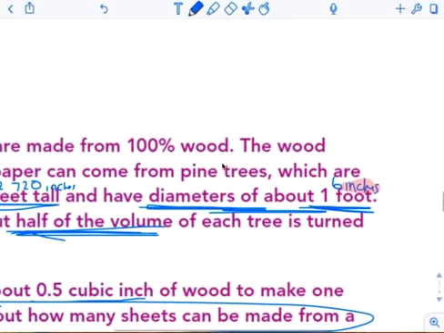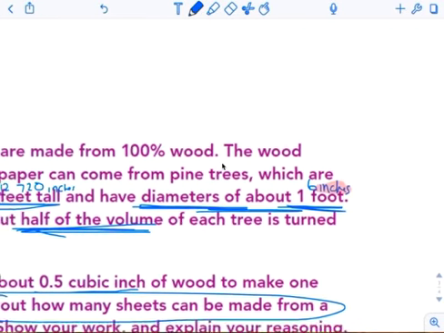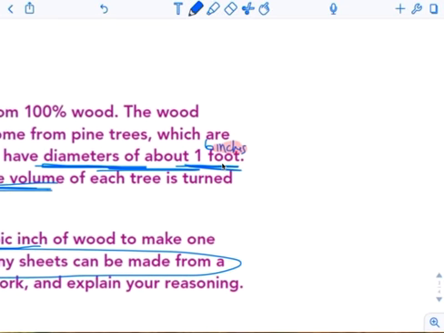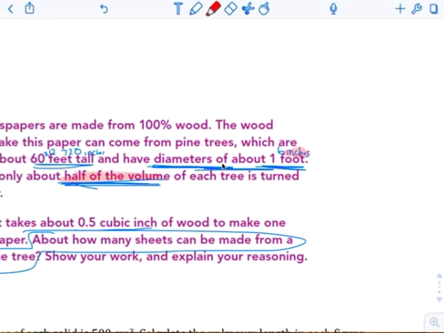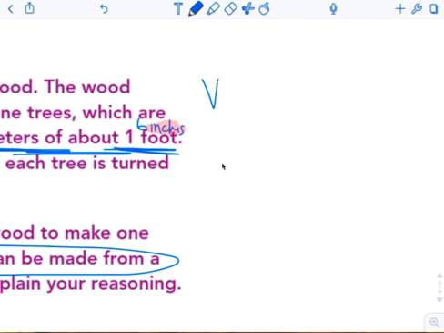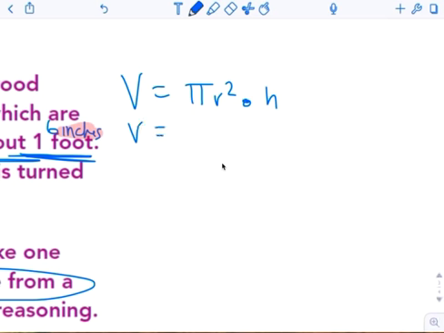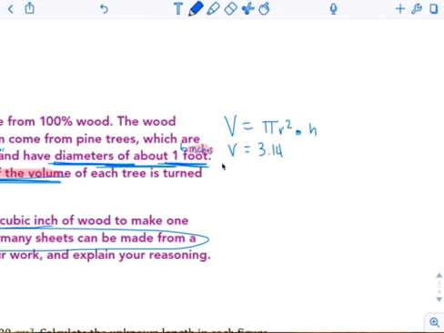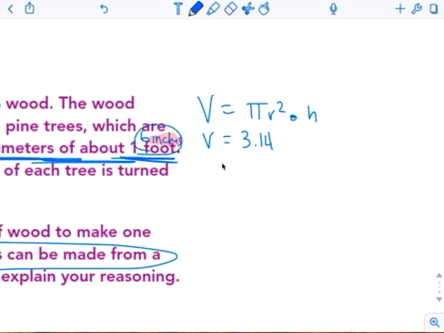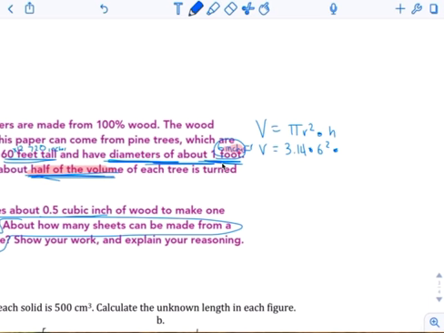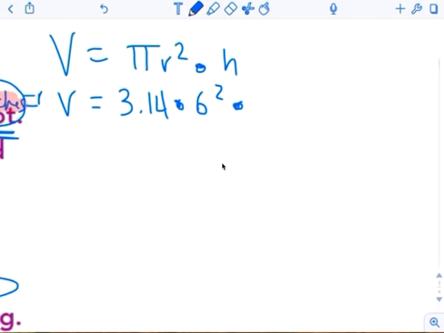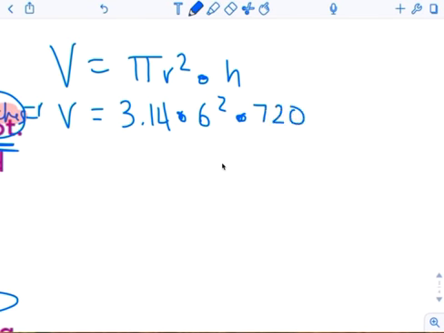Okay, so you need to find the volume of it and then divide it by 2 because only half of it is used for paper. So volume is equal to pi r squared, the wood is a cylinder, guys, times the height. So volume equals 3.14 times the radius. Radius is 6 inches, diameter is 12, times the radius, 6 inches squared, times the height, which is, how tall is a typical tree? 720 inches.